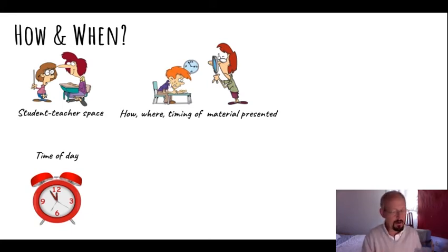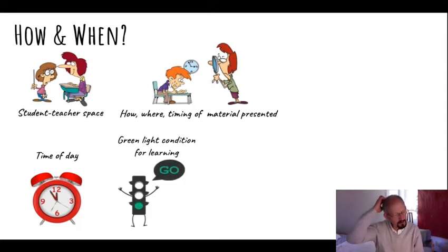Some kids come in bright and alert early on in the day and then fade as the day goes on. Or some children come in very dysregulated, let's say when they get off the bus, because the bus itself is disruptive. So if we can accommodate for time of day, or at least take it into account, that will affect both our assessment and our instructional strategies.